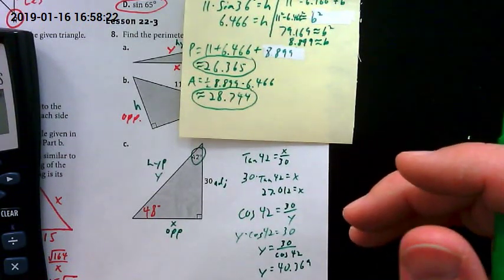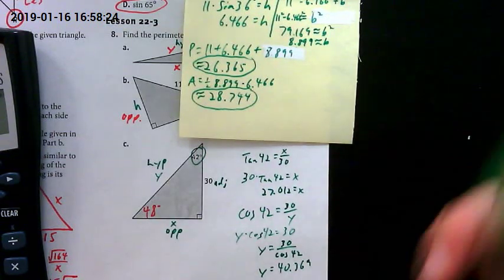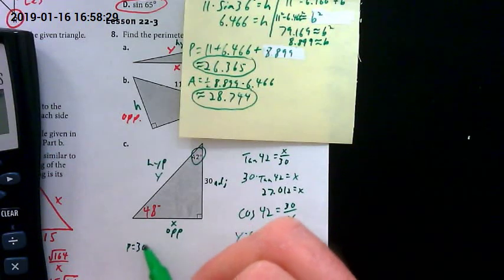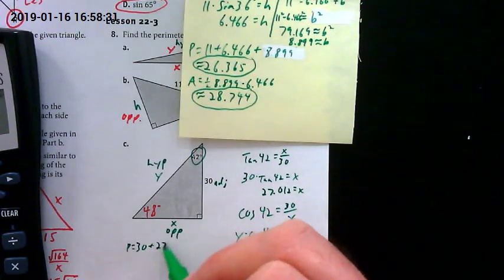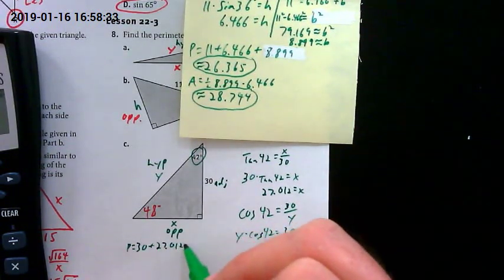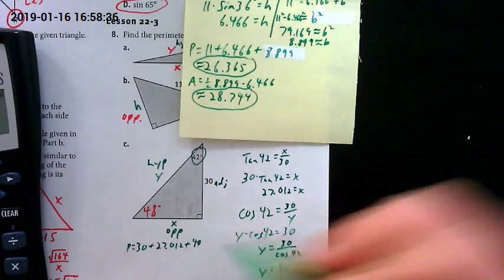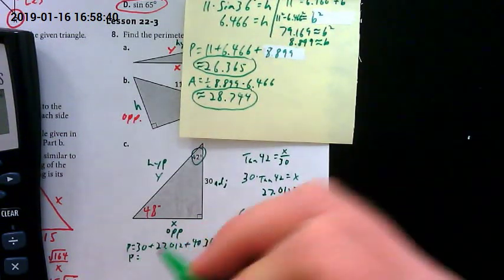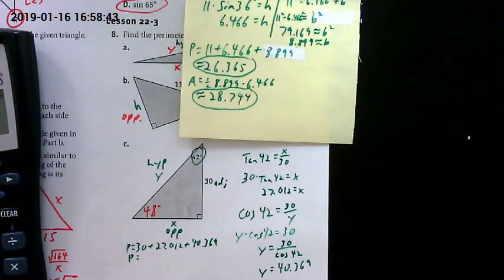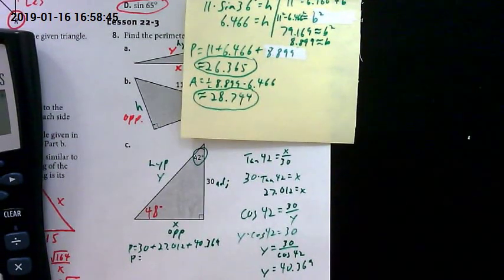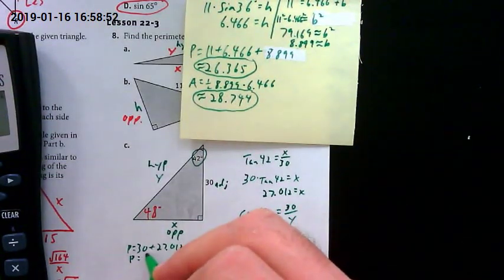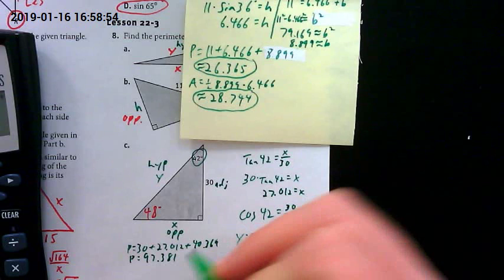So now, once you have those values, again, you have to do your perimeter and your area. Perimeter, add them all up. So we got the 30 plus 27.012 plus 40.369. That's 97.381.